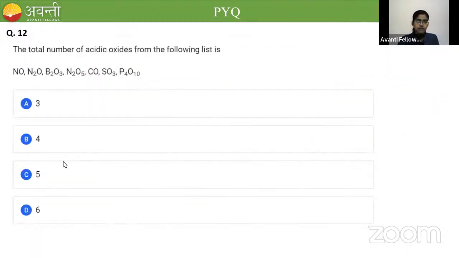The total number of acidic oxides from the following list. So which are the acidic oxides? The compound which contains the more positive oxidation number is actually the acidic oxide. Here NO, N2O and CO are neutral oxides.